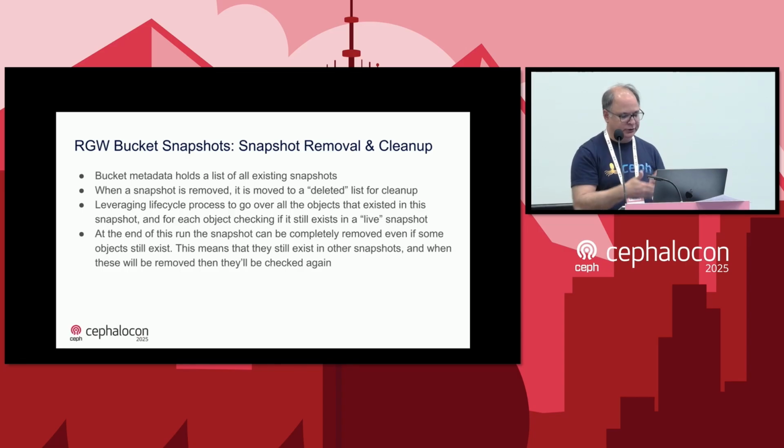For each object, it checks: does this object belong in a live snapshot? Because it's not enough that the snapshot that the object was created at was deleted. It might belong to some later snapshots that were taken. So if that object still needs to exist, we keep it, otherwise we remove it. The removal is a special operation because we actually need to remove it and not mark it as deleted for the current snapshot.